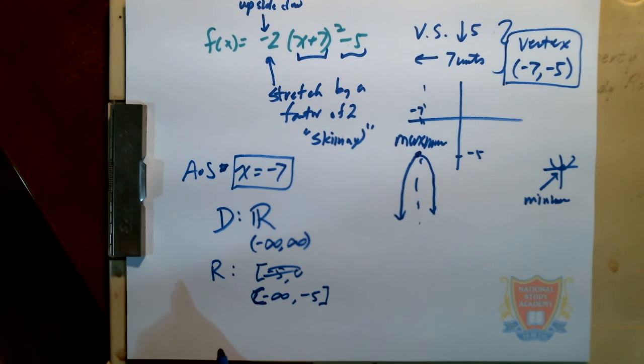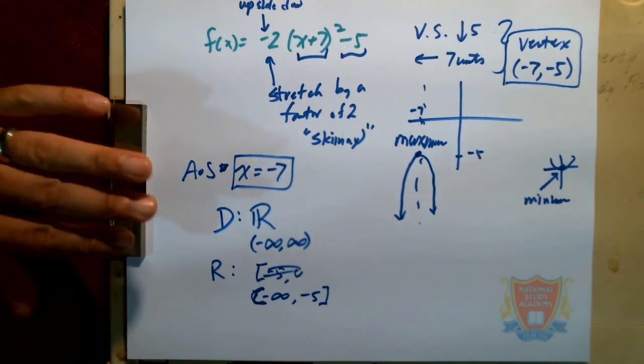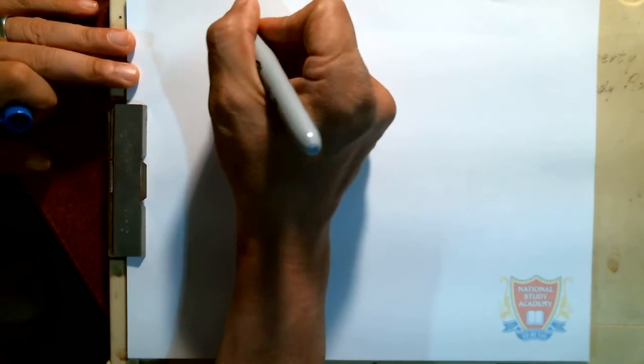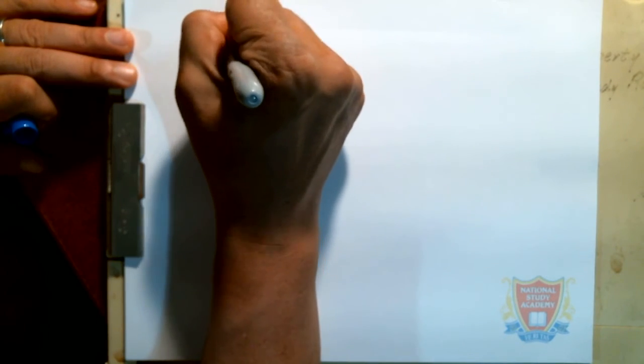What else? I need to find the axis of symmetry, vertex. It's a maximum. We found the domain and the range. And the last thing we're going to do is, what is the general form? Or they call it the vertex form.